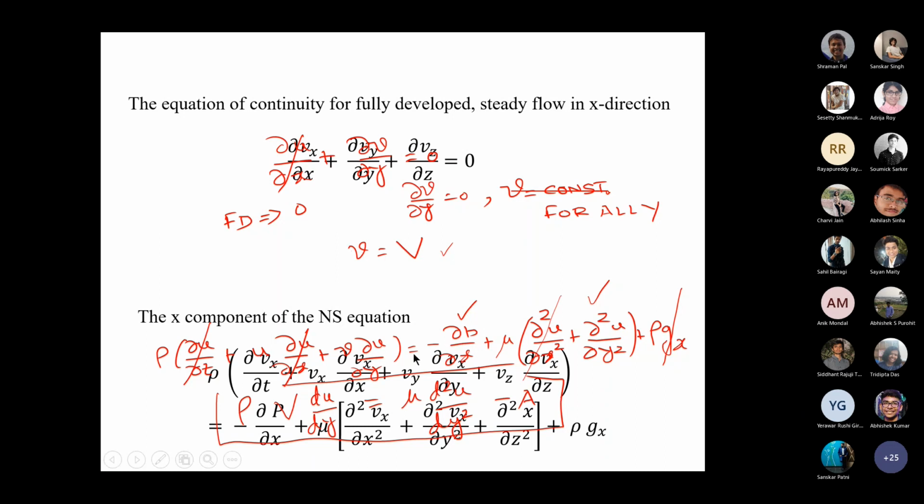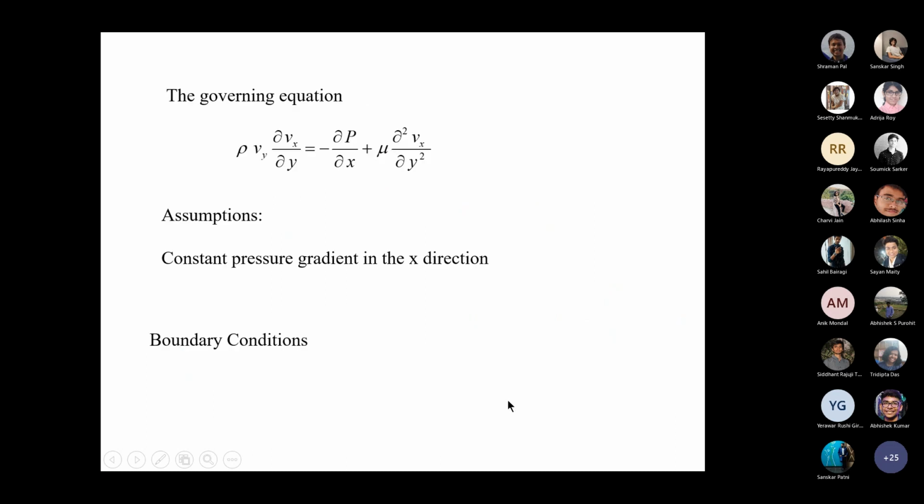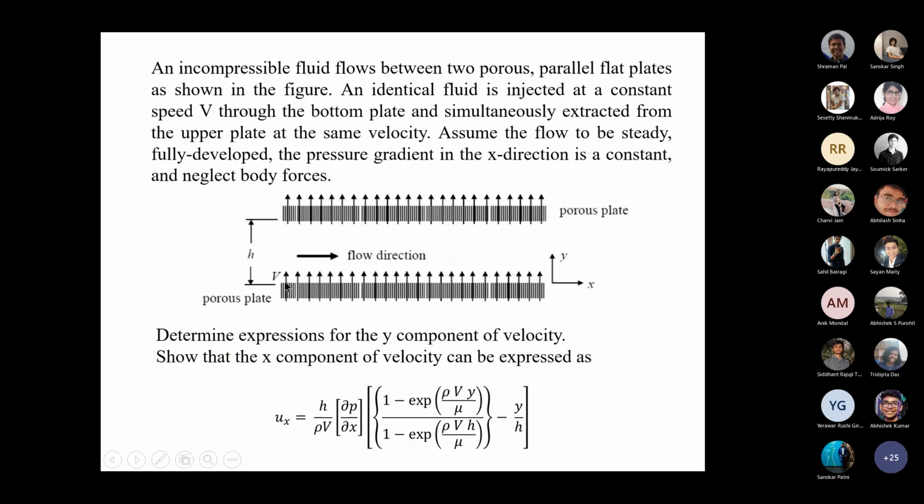Anyway, it was already there, so I need not have written the equation over here. We would assume that there's a constant pressure gradient in the x direction, and boundary conditions would obviously be no slip conditions at these two points. So at this point there's going to be no slip, and over here there's going to be no slip.